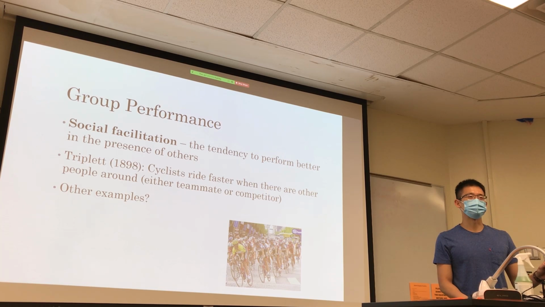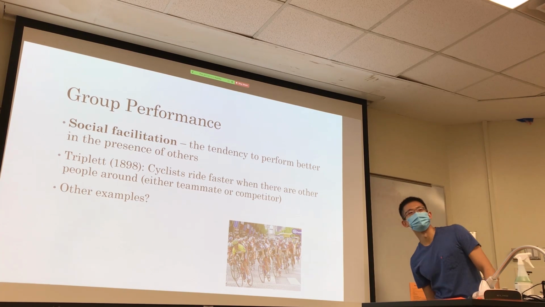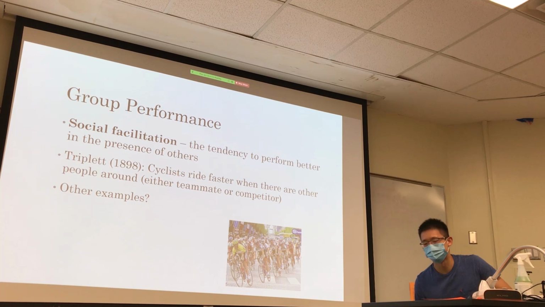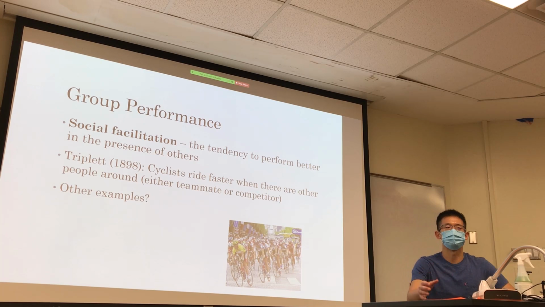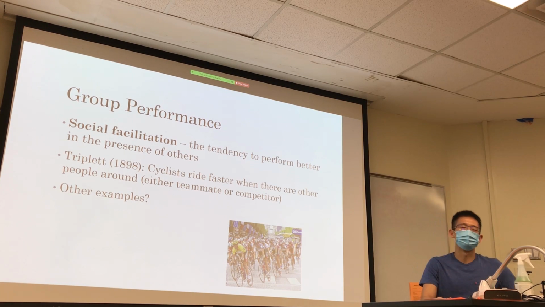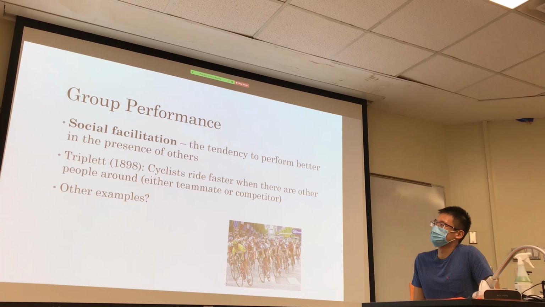Dogs, they eat faster when there are other dogs around. I don't know if you guys experienced that, but I remember my roommates had dogs, and when they're alone, when they have their own bowl, they kind of just casually eat. But when they're with each other, they start to like go at it. It's pretty funny. So social facilitation works in a lot of situations, especially for social animals, right?